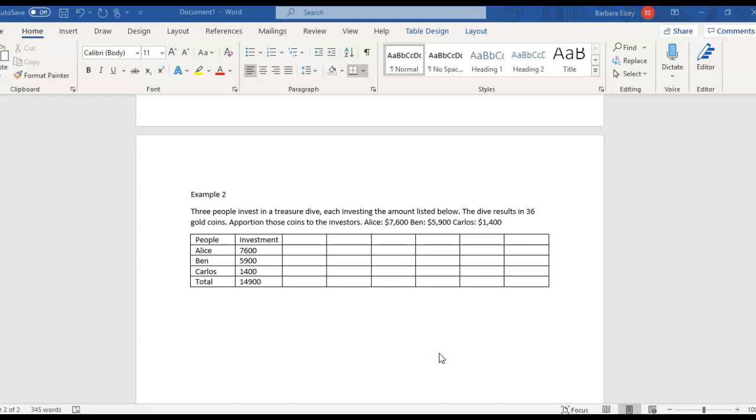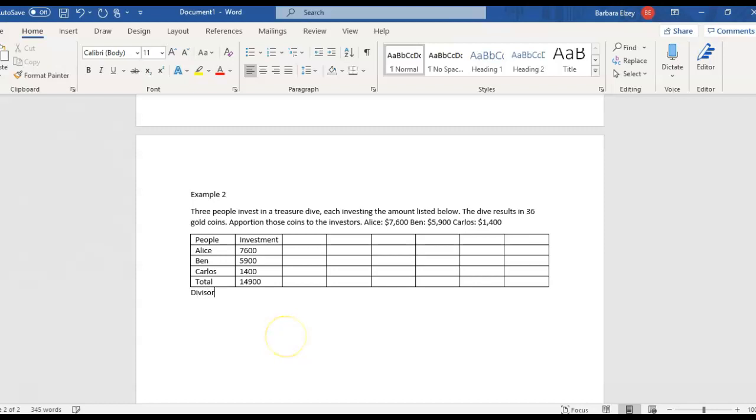So we have 3 people invested in a treasure dive, each investing the amount that is listed below, and the dive results in 36 gold coins. So we're going to apportion those coins among the investors with their invested amount out here. All right, so we have 3 investors. We're going to apportion 36 coins. Let's notice I've already totaled up the amounts of the investments.